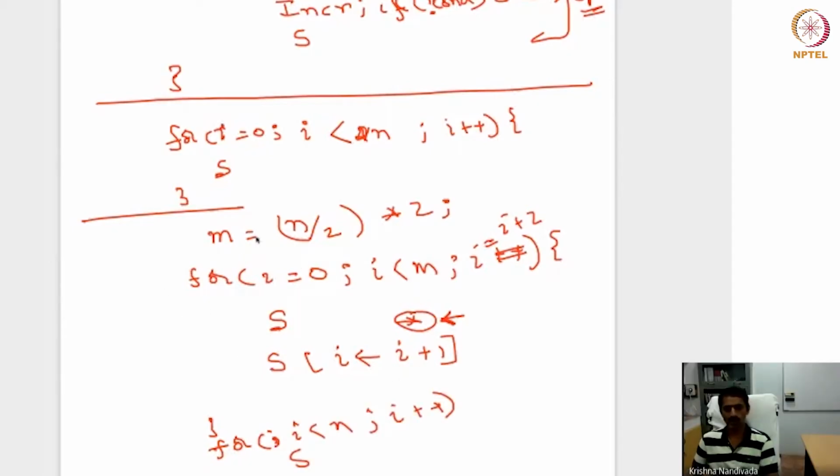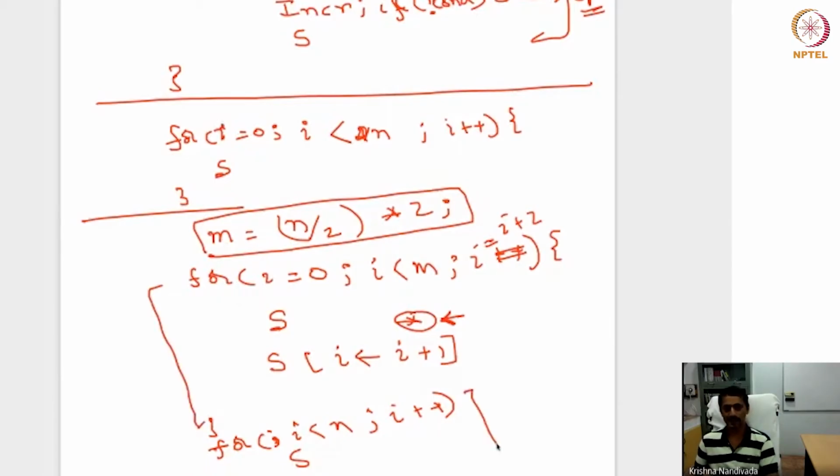So what did I do? Let's say n is 11, m becomes 10. So I will execute the loop from 0 to 10. And the last iteration, I'm doing it separately. Actually, I don't need a for here, but fine. So instead of 2, if I'm unrolling it with k, then I will replace this with k, and I will have so many copies of S here.